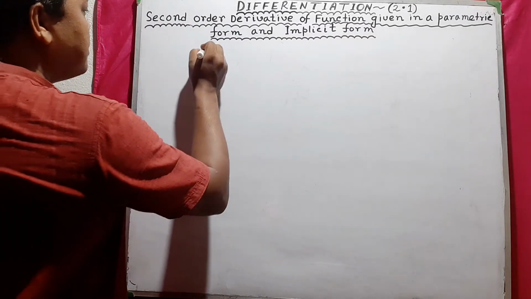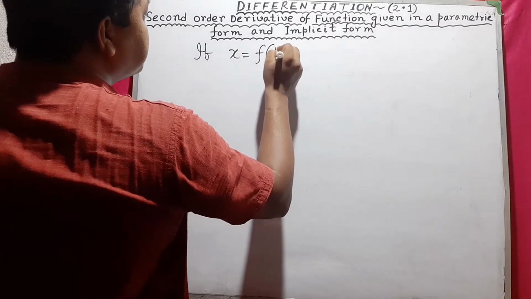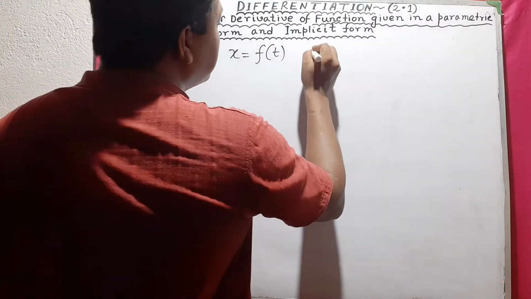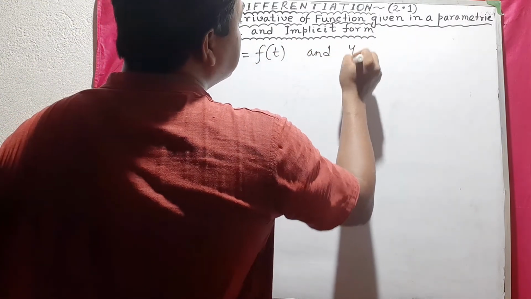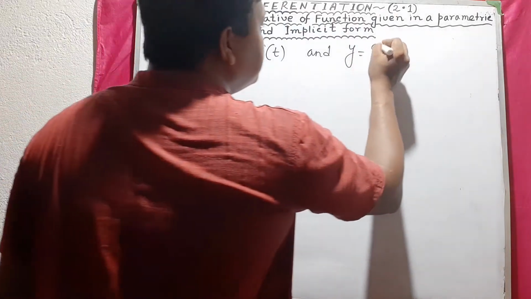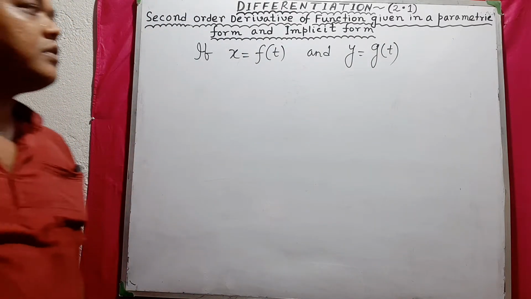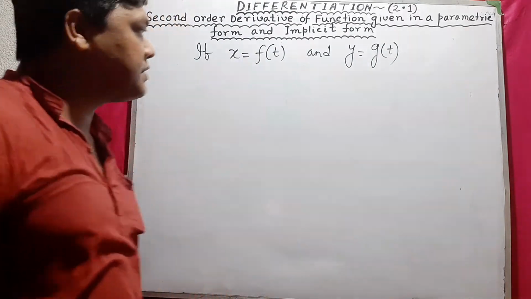So, if x equals some function of t, that is the parametric function of t, and y equals some function g(t). Okay. So, x equals f(t) and y equals g(t). That means another function.